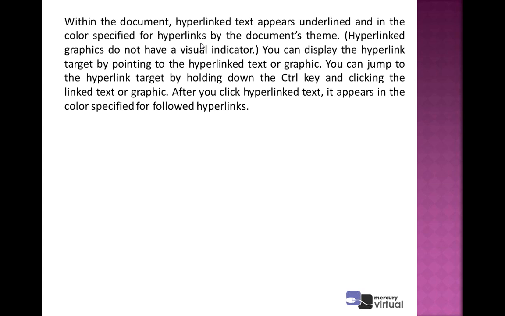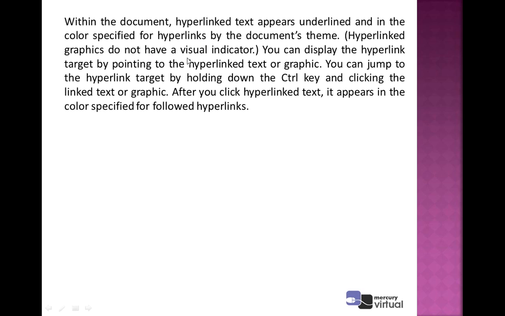For example, when I'm using Google or Yahoo, there is some hyperlink. When you click on sign in, a hand appears on the sign in, and when you click, you can jump from one page to another web page. In the same way, we can create a hyperlink and jump from one page to another page. The sign in option is always underlined and colored. So in the same way, hyperlink is available in MS Word.